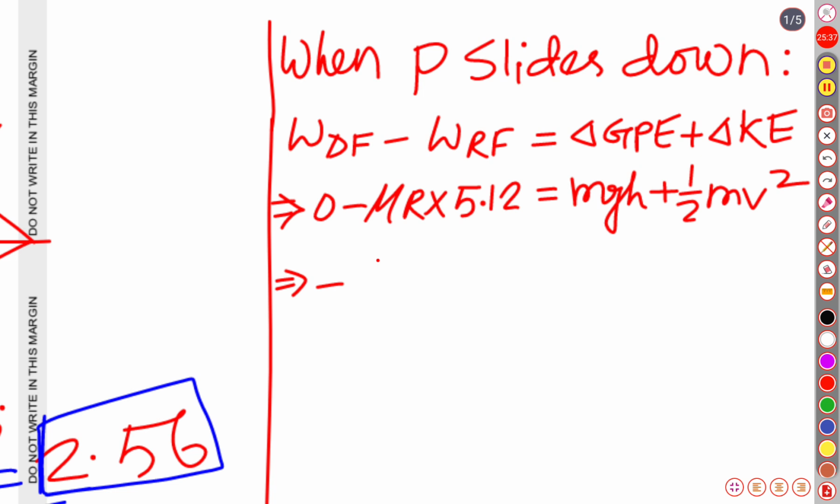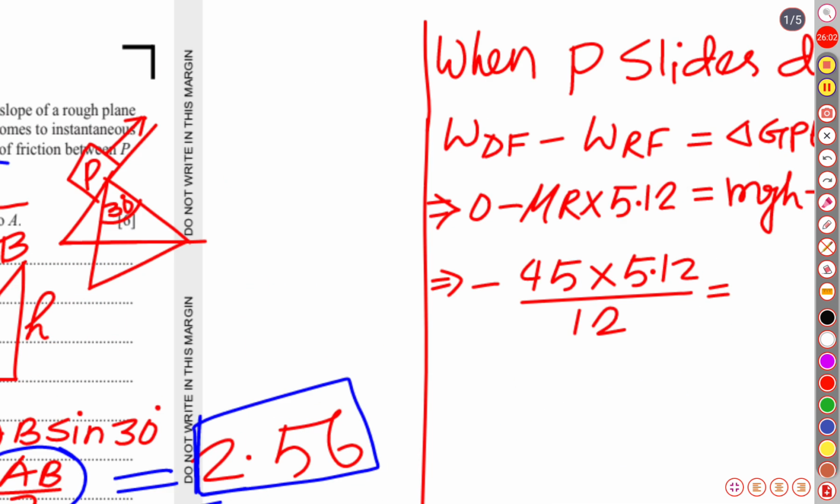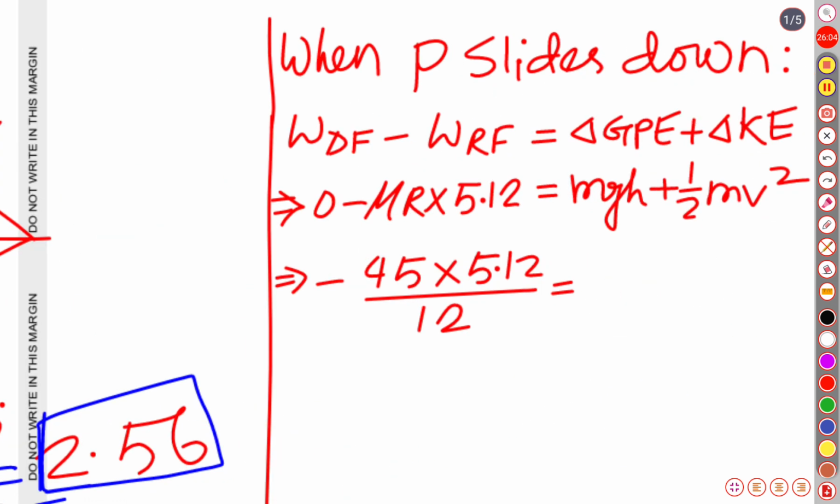negative 45 over 12 into AB, which was 5.12, equal to, mass of particle P was 3 kg. So 3 into g is 10 into h. But as I have told, at this time the particle is moving downward. If the particle moves down, the final height is decreased, so it will be negative.